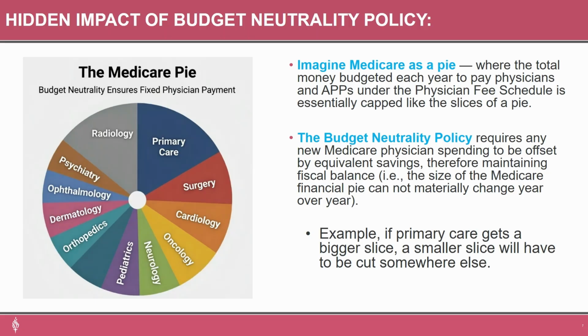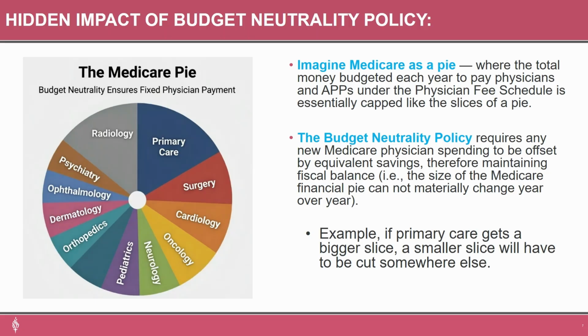decrease. If we imagine Medicare as a pie where the total money budgeted each year to pay physicians and APPs under the physician fee schedule is essentially capped like the slices of a pie, we can begin to understand the impact of budget neutrality. This policy requires any new Medicare physician spending to be offset by equivalent savings, therefore maintaining fiscal balance.